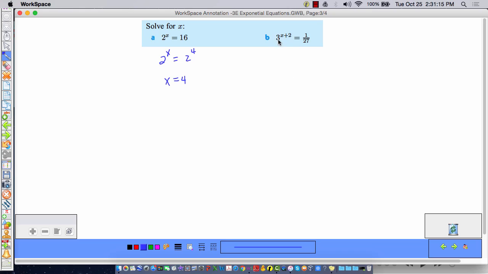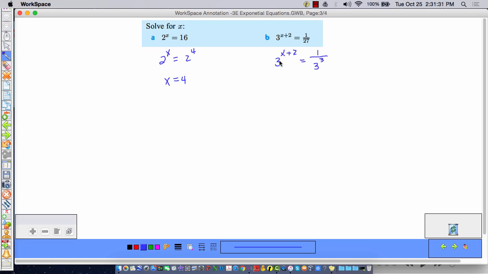So my base here is 3. I can't do anything with it. So 3 to the x plus 2 power. And the 27, I'm going to write 1 over 27 as 1 over 3 cubed.